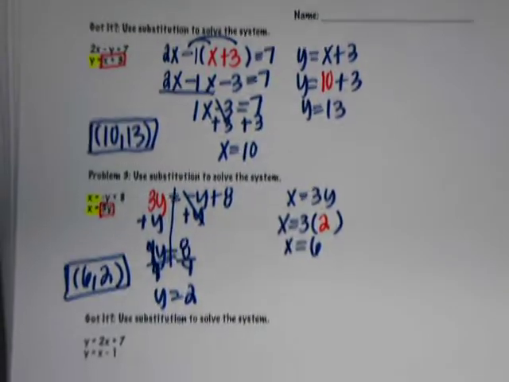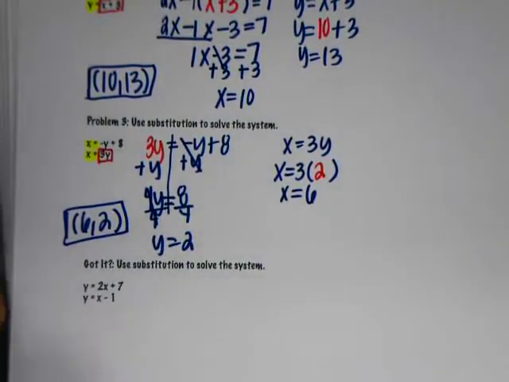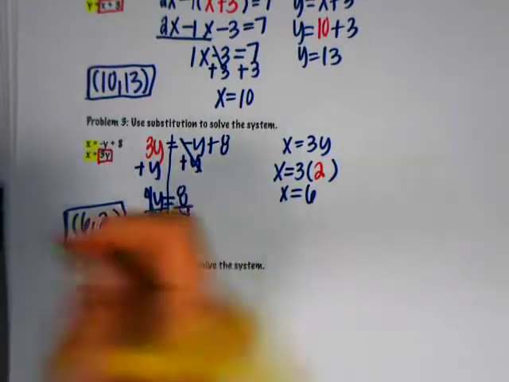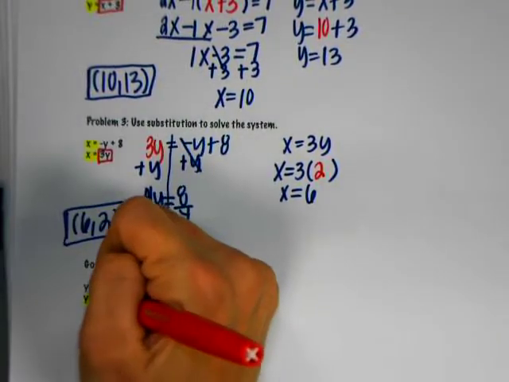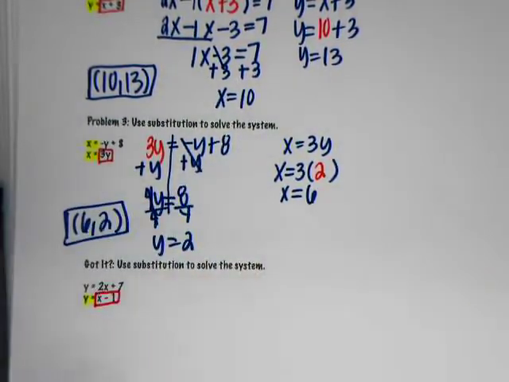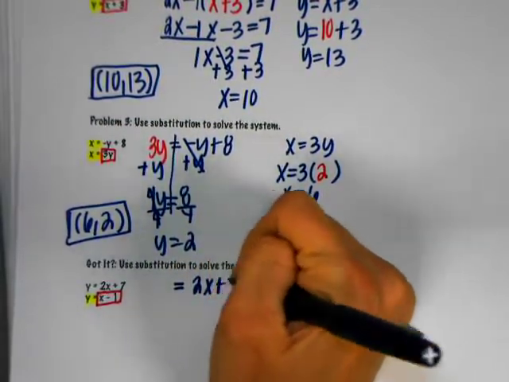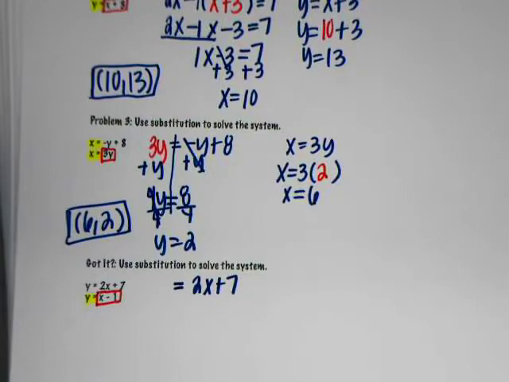All right, for the got it, you have both y equals. So I'm just going to do the bottom one. Up in the other equation, the y is going to get replaced by x minus 1.